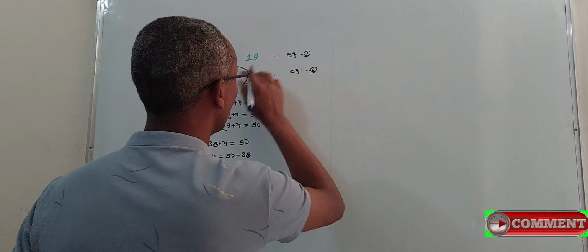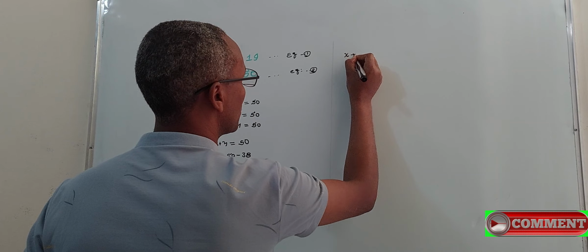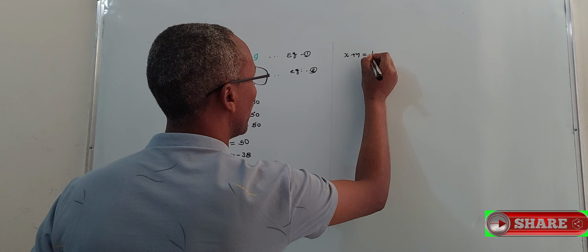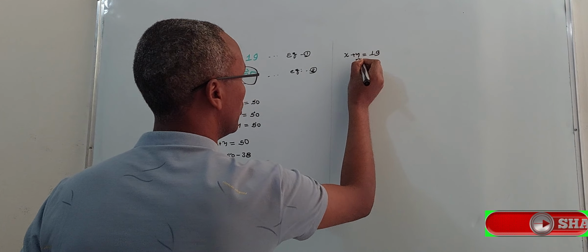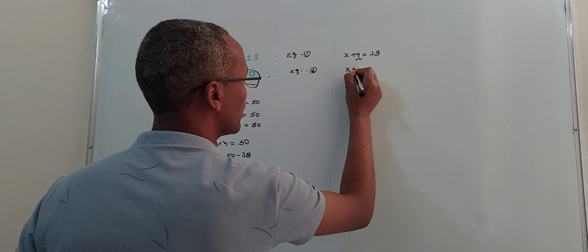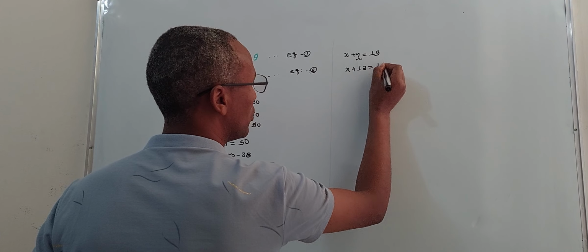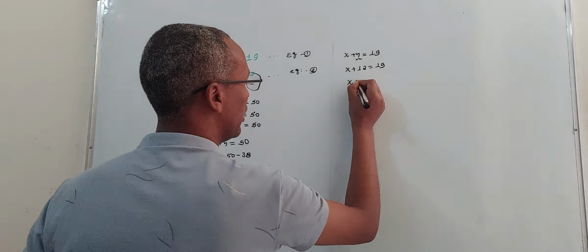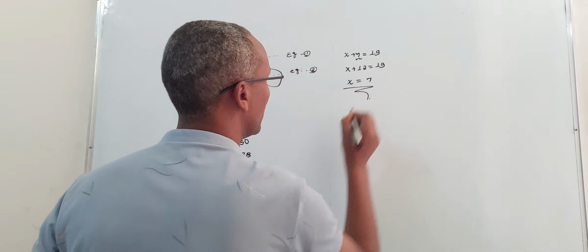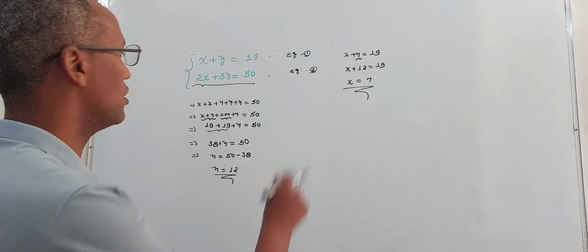From equation 1, x plus y is equal to 19, right? So when you plug in 12, you get x plus 12 is equal to 19, meaning that x is equal to 7, right? So the value of x is 7.